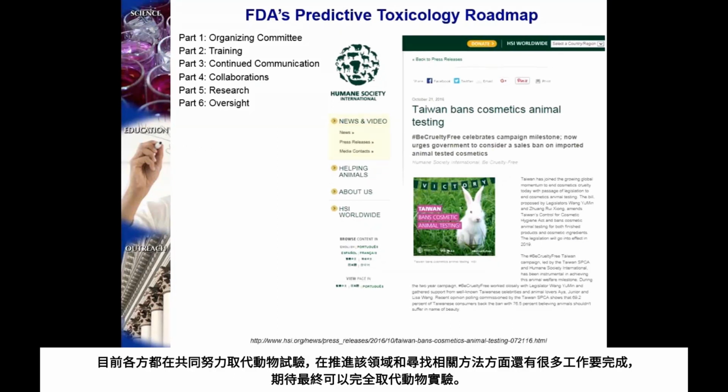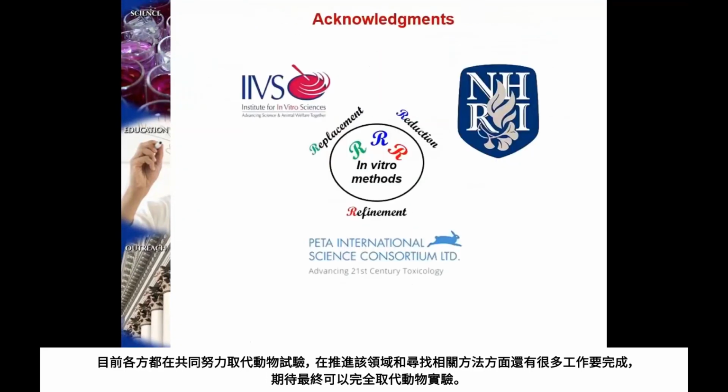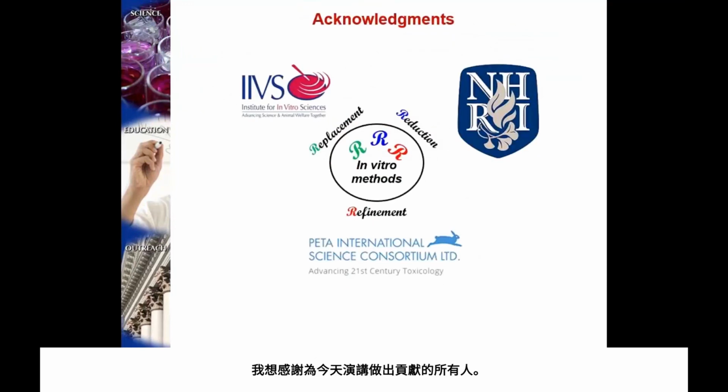So all parties are coming together in working to replace animal testing, and there is much more work to be done, and to advance the field and to look for relevant methods that in the end can replace the use of animals.